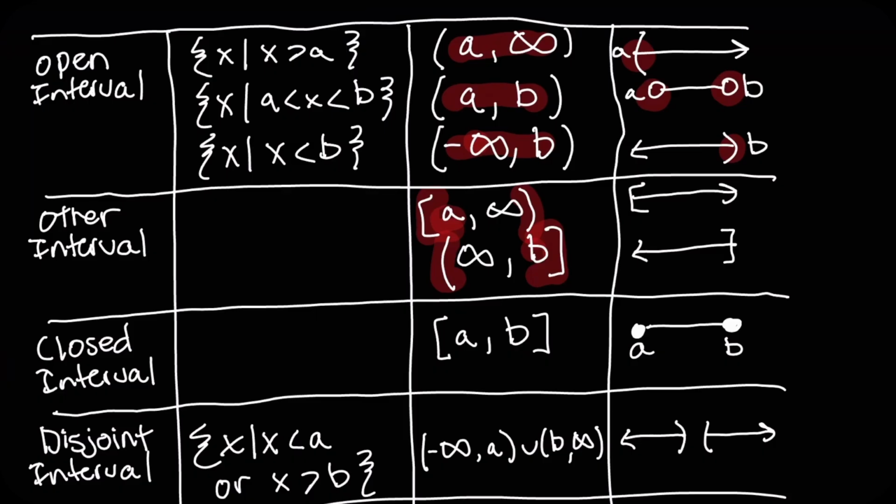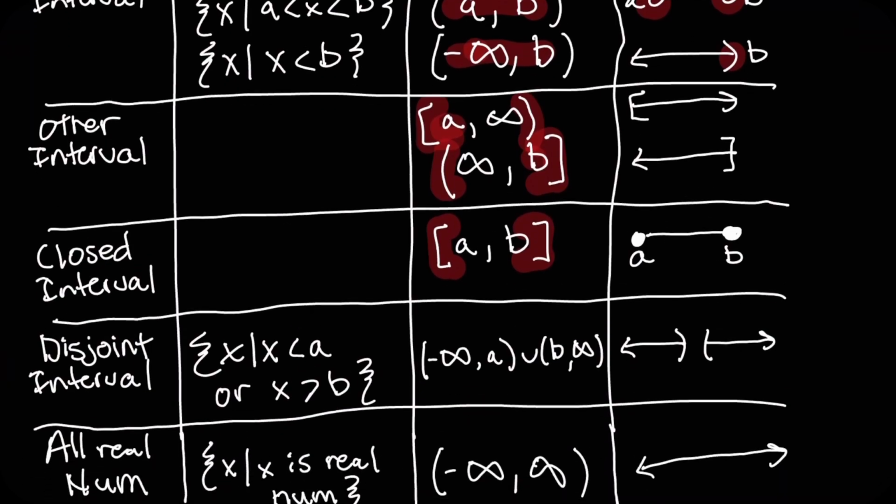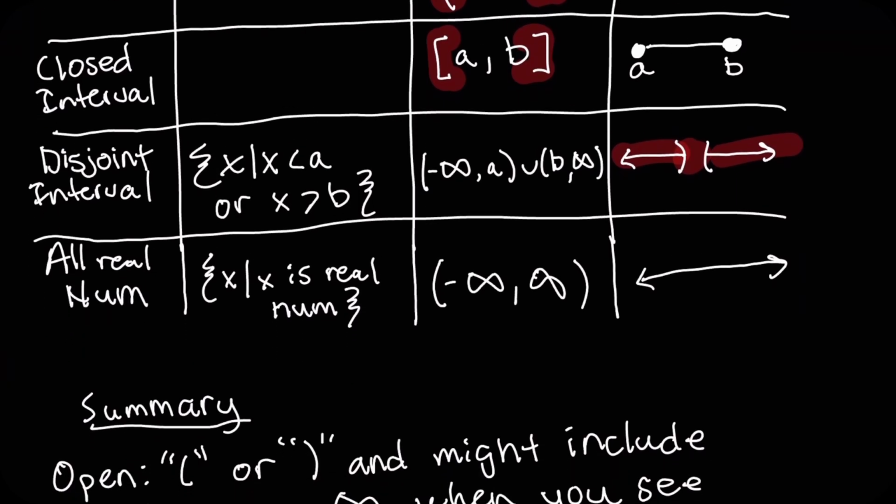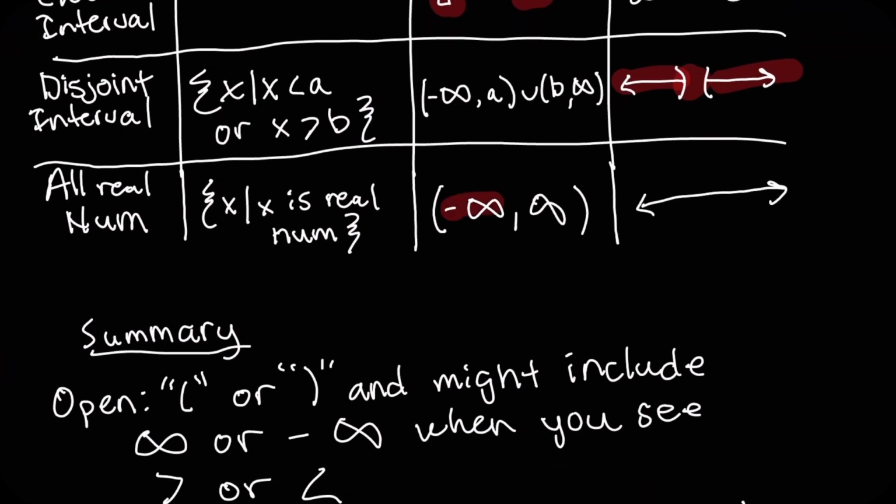Or you might have a closed interval. For example, your solutions go from a to b, including both of those numbers. Or you might be excluding a small portion inside of them where you're going from negative infinity to a specific number on both sides. Last one is all real numbers, or negative infinity to positive infinity.